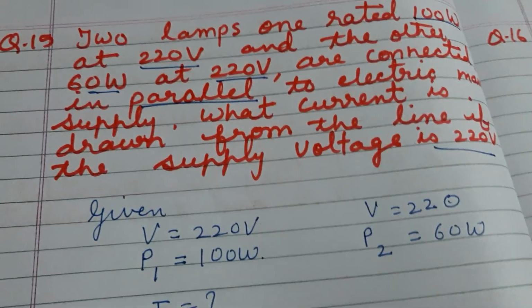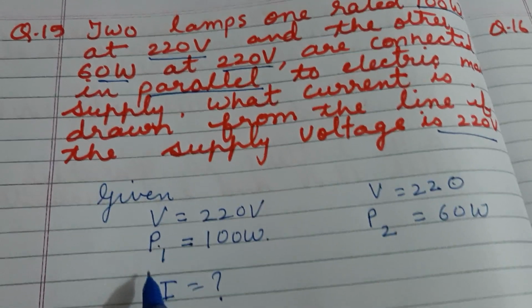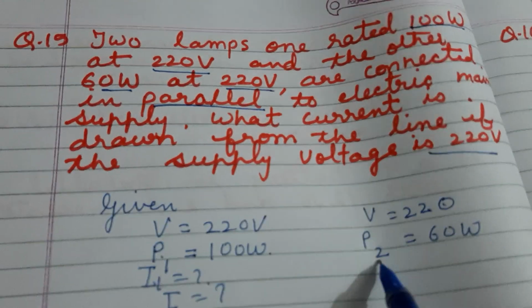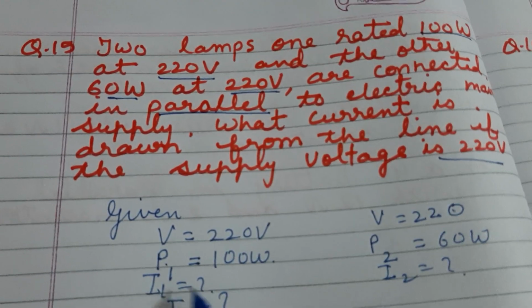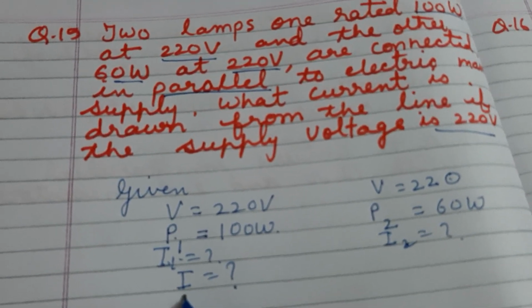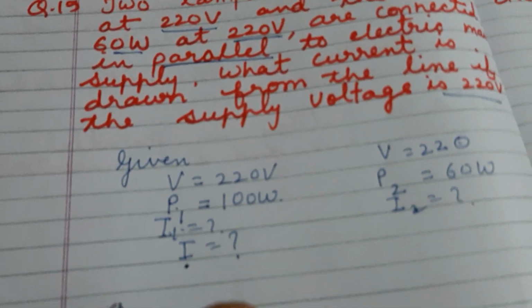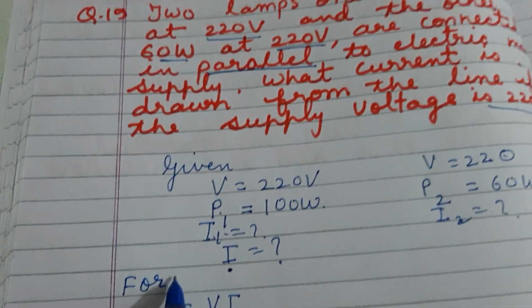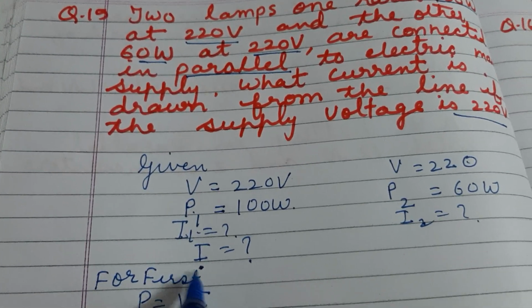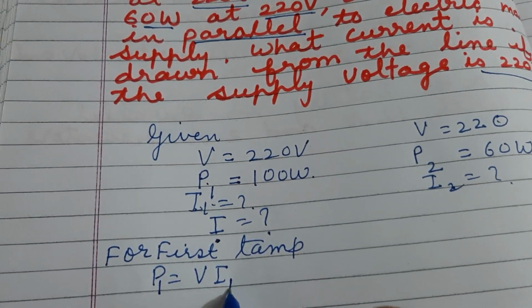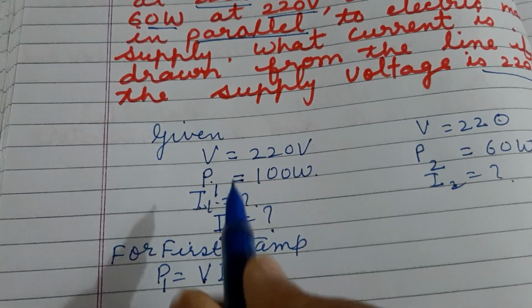For this, we will first find I for the first lamp, that is I1, and then I2 for the second lamp. Then I1 plus I2 will give us the total I. We know the formula of power is P = VI. For the first lamp, P1 = V I1, because V is the same for both lamps.